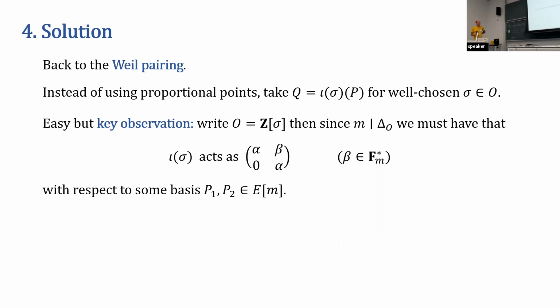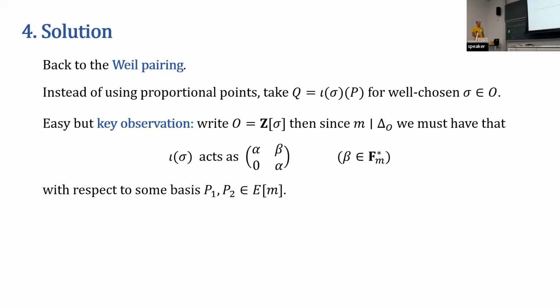And so as a result, on the M torsion, iota of sigma has to have a characteristic polynomial with a double root, and this upper right entry here has to be non-zero if sigma is a generator. Because if it were zero, then you can easily prove that this order has conductor at least M. So from this data, if sigma is a generator of O, and if M is a divisor of the discriminant, you know that iota of sigma has to act like this with respect to some basis.